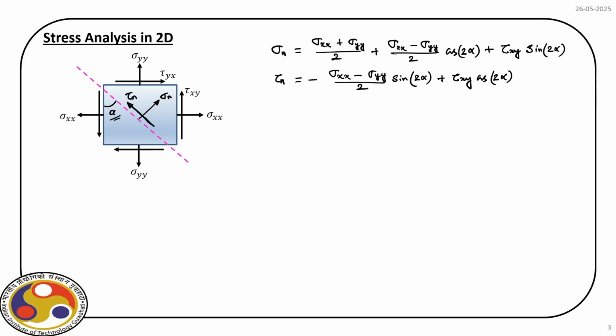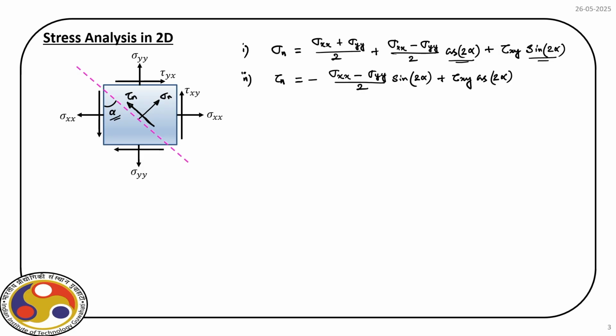And we concluded our last lecture with a question. We see sigma n, the first equation, is a function of alpha. Actually, you can see cos of 2 alpha and sine of 2 alpha on the right hand side. Similarly, the second equation for tau n is also a function of sine and cosine of 2 alpha.